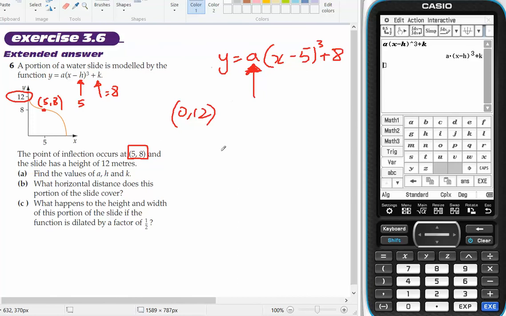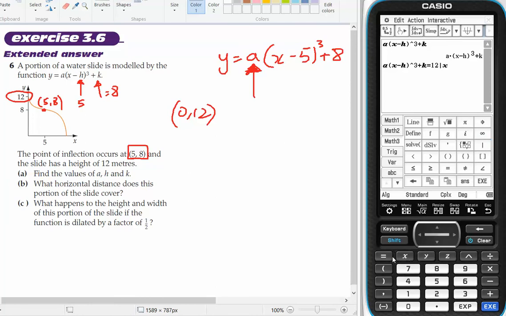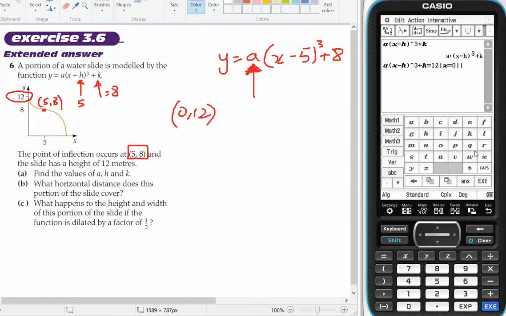So if I make y equal to 12, if I take this answer and put it there, it's going to equal 12 when x equals 0, and when h equals 5, and also I know that k equals 8. So it's going to do all those replacements for me.